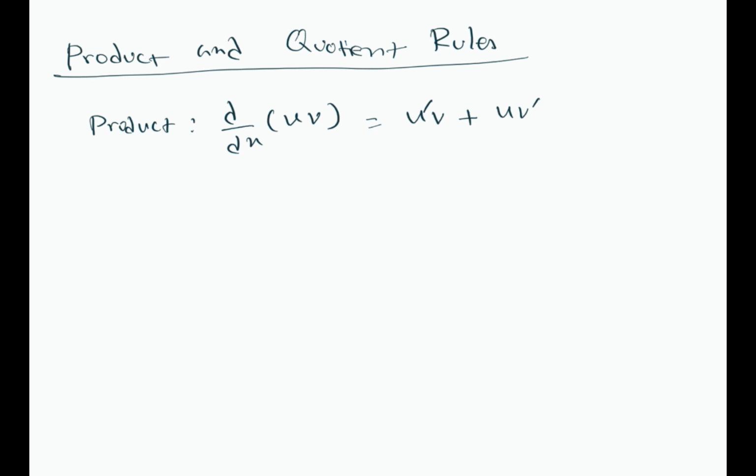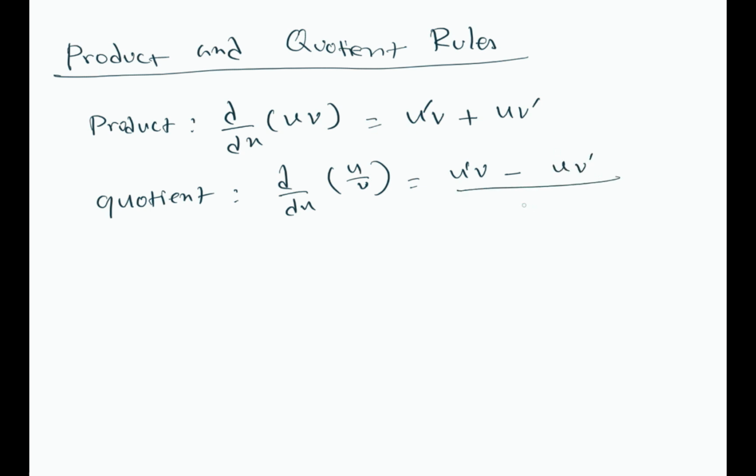And according to the quotient rule, when one function is divided by another, the derivative would be: d/dx of u over v is u prime v minus u v prime, divided by v squared. Here u prime is the derivative of u and v prime is the derivative of v.